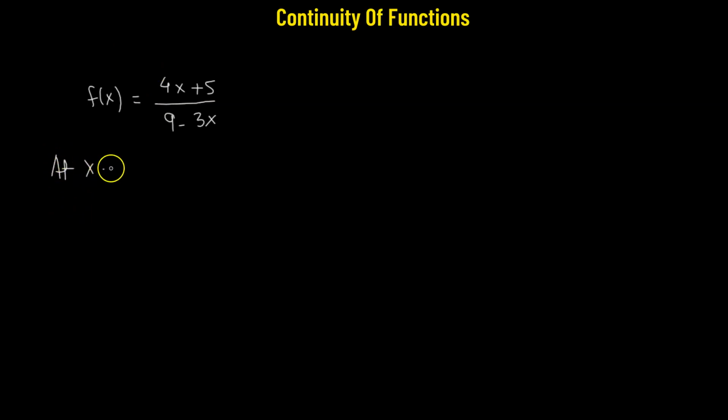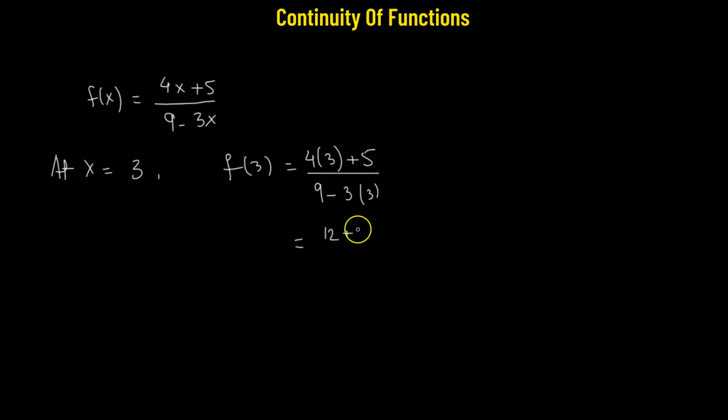So at x equals 3, f of 3 will be simply equal to (4 times 3 plus 5) divided by (9 minus 3 times 3). So we have 12 plus 5 divided by 9 minus 9. So we have a 0 in the denominator. So 17 divided by 0. That means the function is blowing up to infinity. Now, that means it's undefined at this particular point.